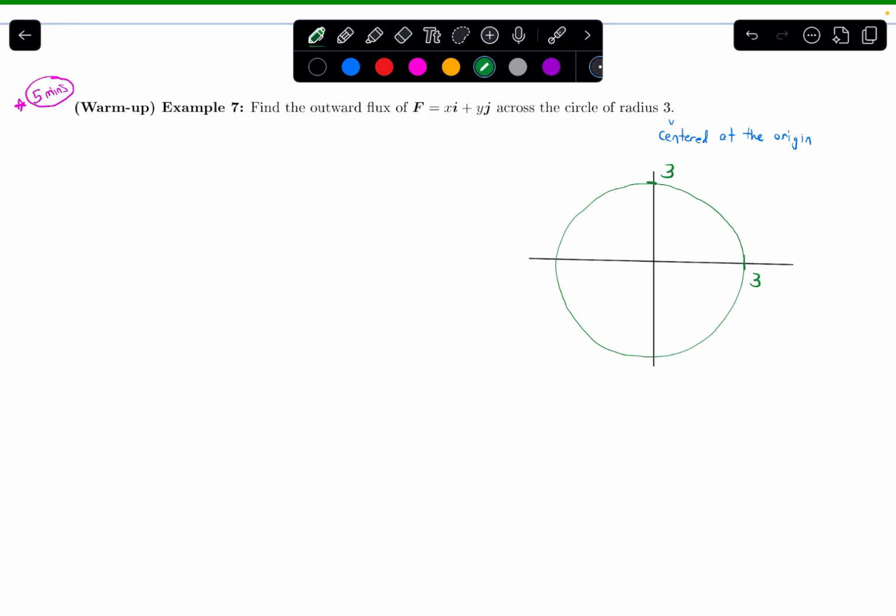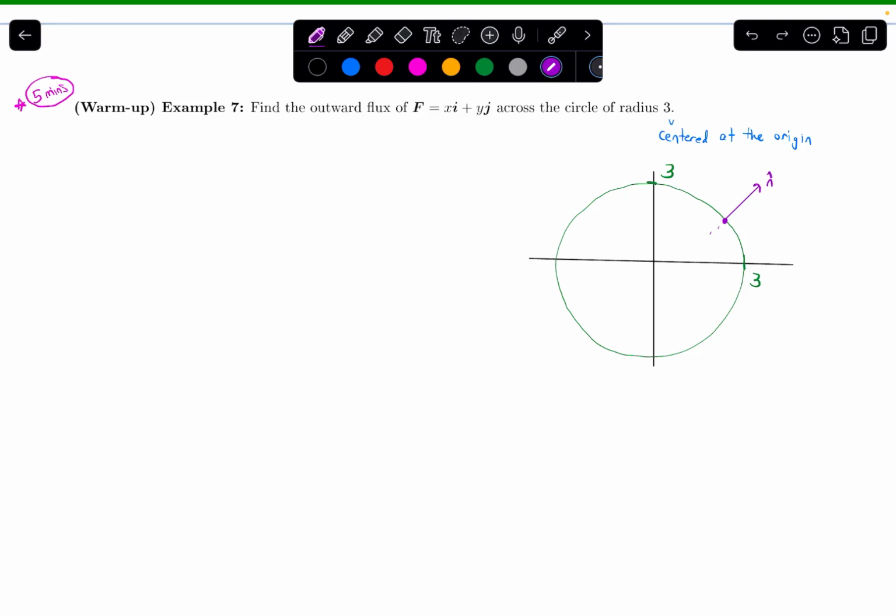And it talks about the fact that this is the outward flux. So that means when I draw my normal vectors, my vectors that are perpendicular to the curve at a point, I want those normal vectors to be pointing outwards, the unit normal vector, rather than inwards like this.